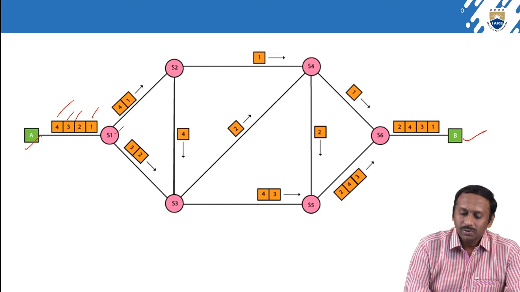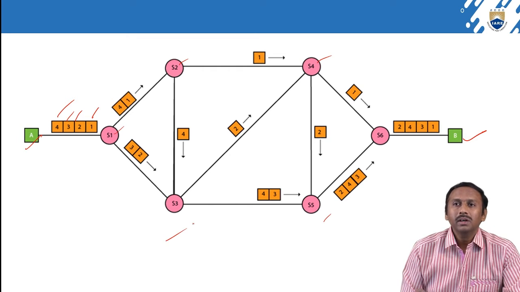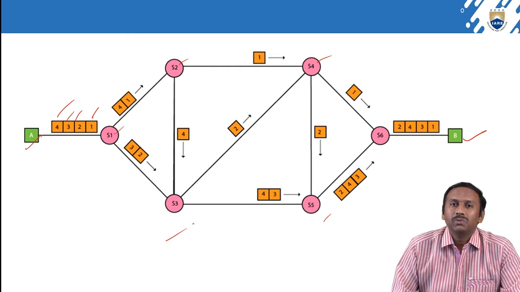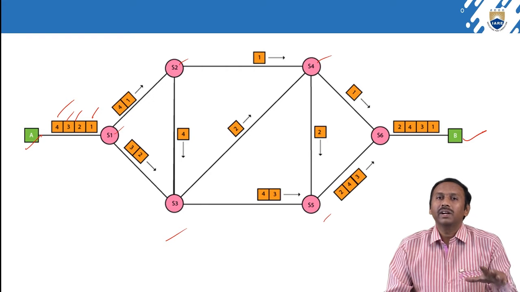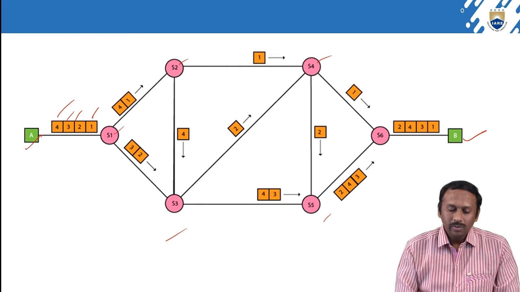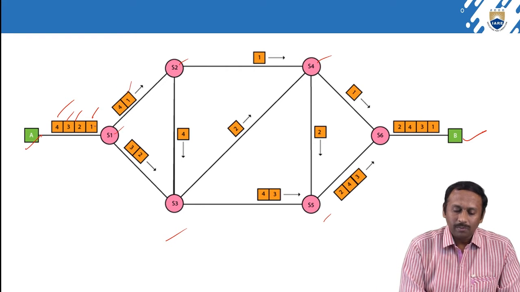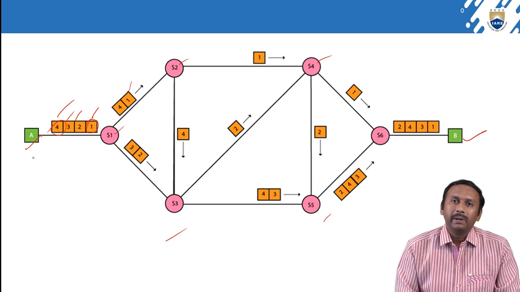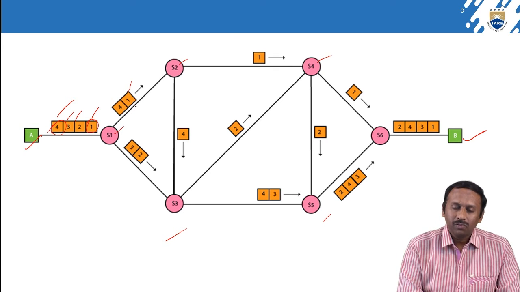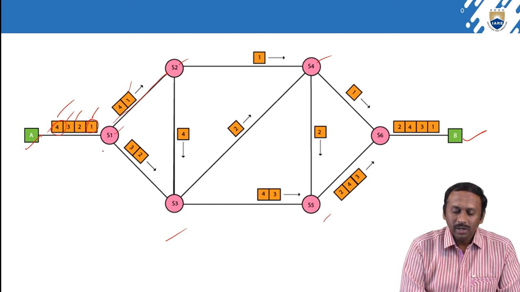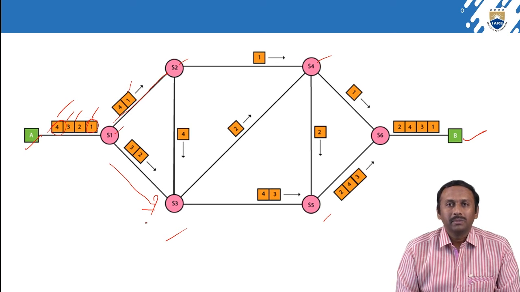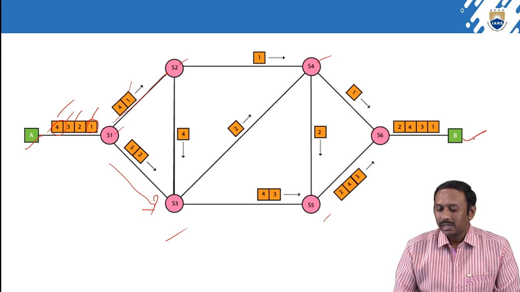Now S1, S2, S3, S4 are all different networks. Assume that there are different networks. Data packet 1 and data packet 4 feel that the best path is from S1 to S2, and the remaining 2 identify that S1 to S3 is the best route to reach the destination.